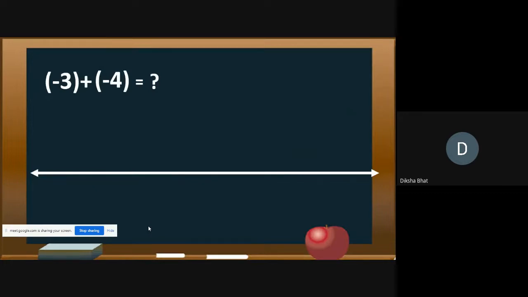Let's solve this. Negative 3 plus negative 4. What is the first step? To mark the numbers on a number line. Yes. Which is the first integer? Negative 3. Yes. So on which side you will move from 0? Left.